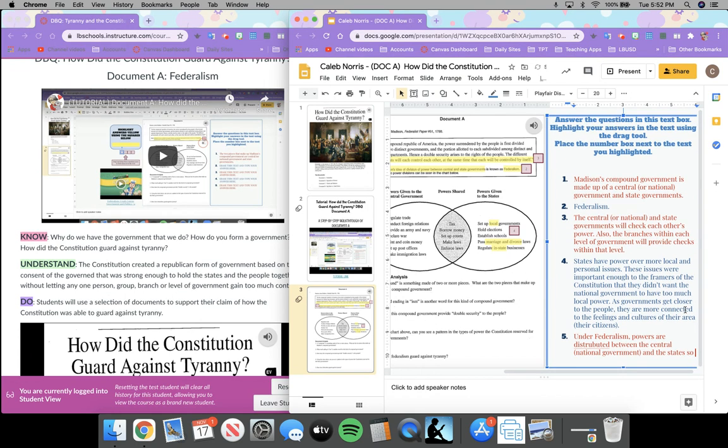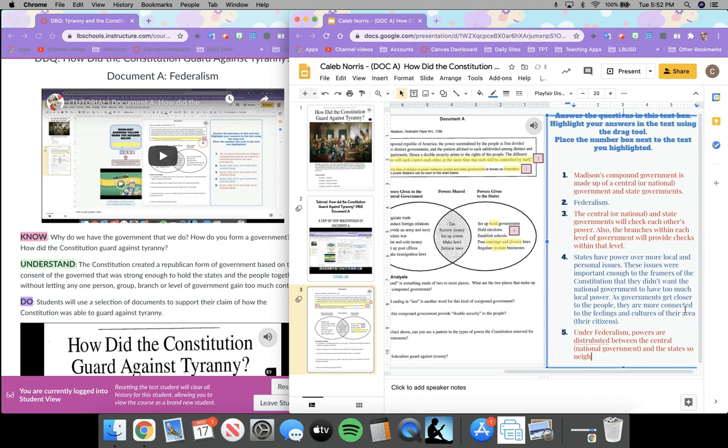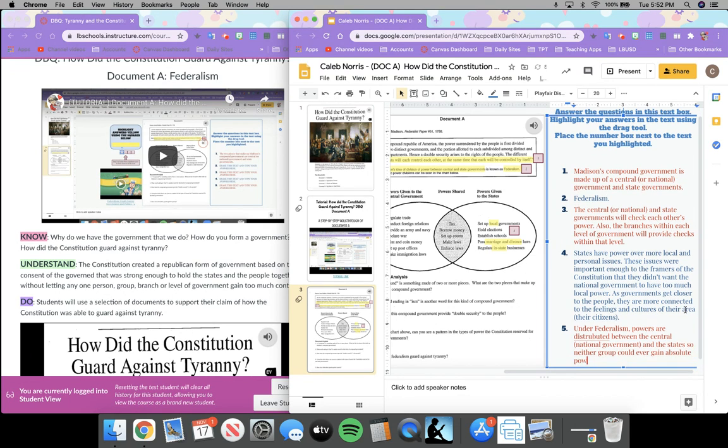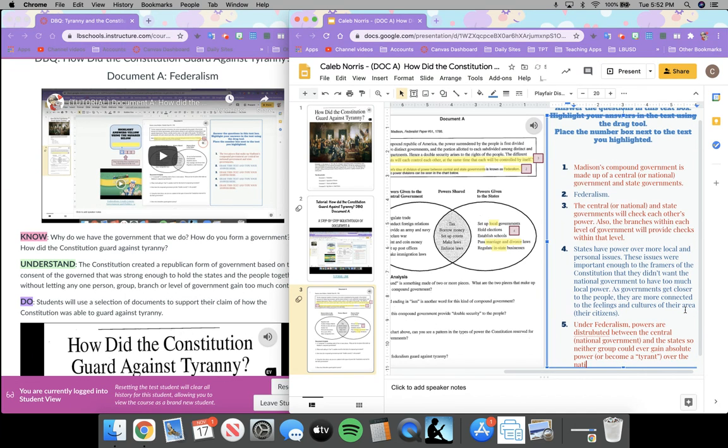So neither group could ever gain absolute power or become a tyrant over the nation or its people.